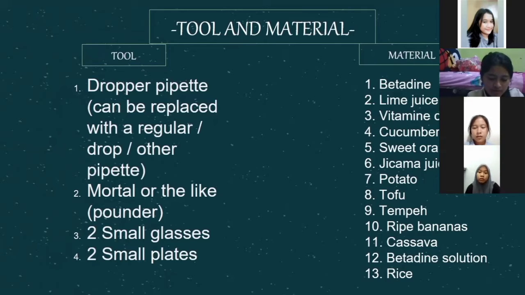Lime juice, 3. Vitamin C, 4. Cucumber juice, 5. Sweet orange juice, 6. Jicama juice, 7. Potato, 8. Tofu, 9. Tempeh, 10. Ripe bananas, 11. Cassava, 12. Water, 13. Rice. I give to the moderator.